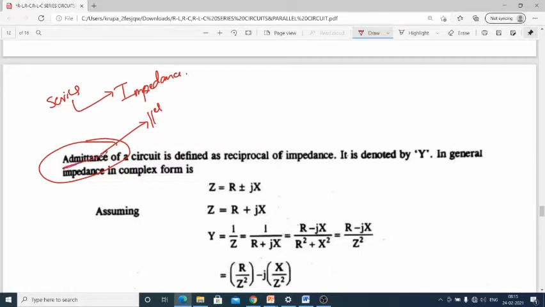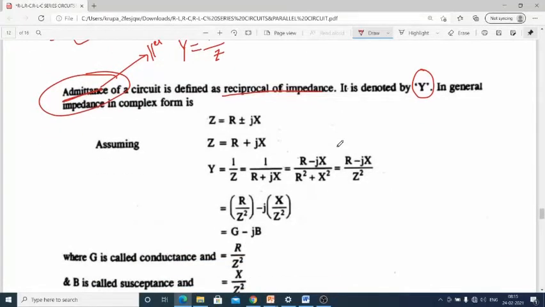What do I mean by admittance? It is the reciprocal of the impedance. It is denoted with the capital Y, which is 1 upon Z.